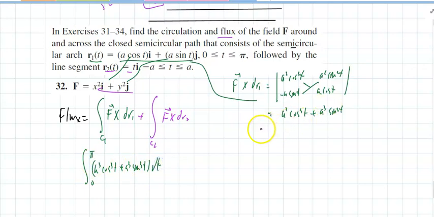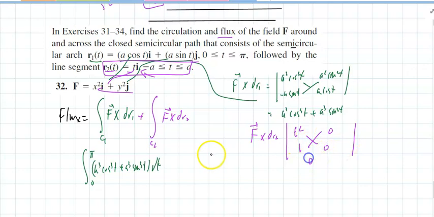Plus, if I take F crossed with dr2, that's going to be a bit faster because of what we're using. So we put in for a t squared and a 0 because there is no j. And the derivative of that is actually 1, 0.